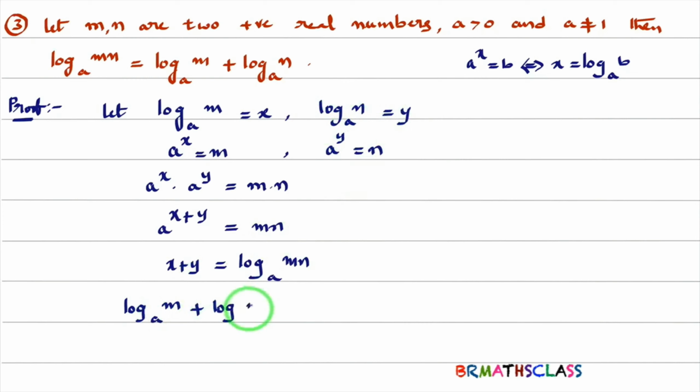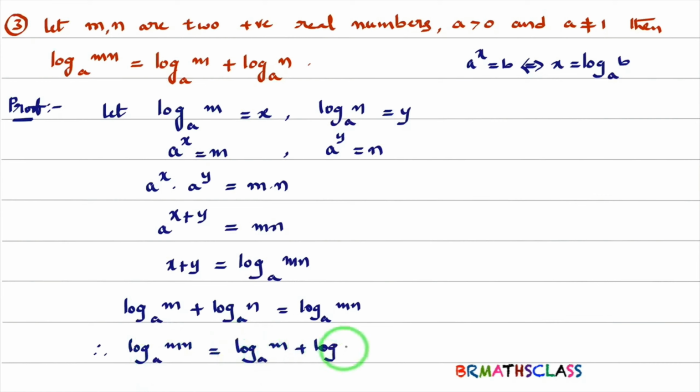So log m base a plus log n base a equal to log mn base a. We proved that result. Therefore, I'll conclude: this property is log mn base a equal to log m base a plus log n base a.